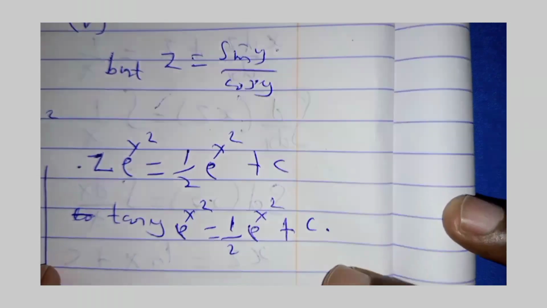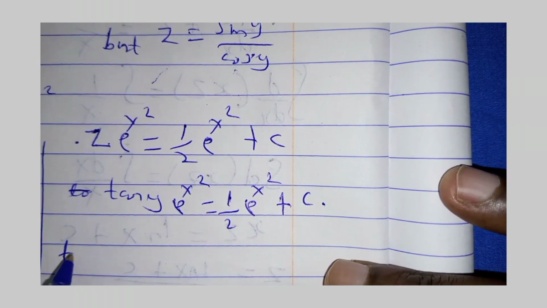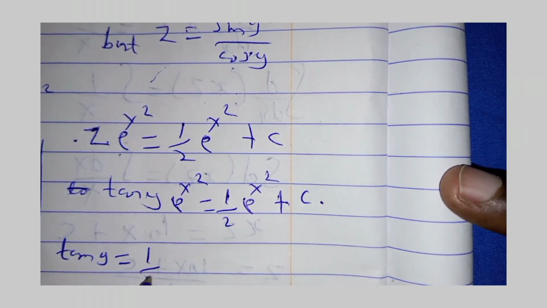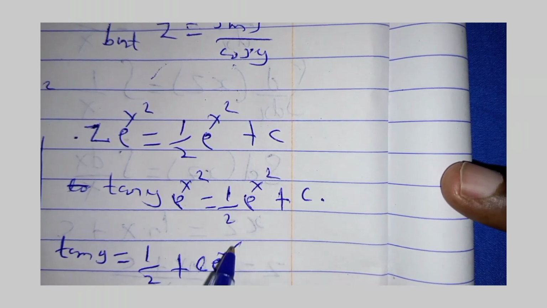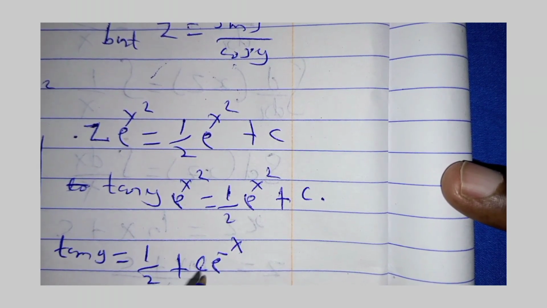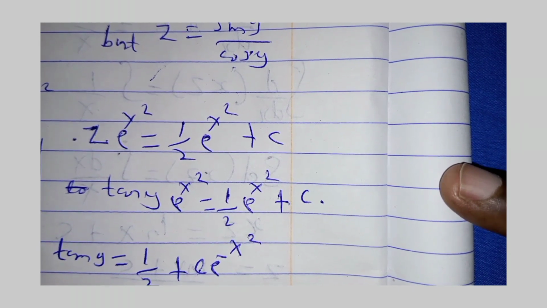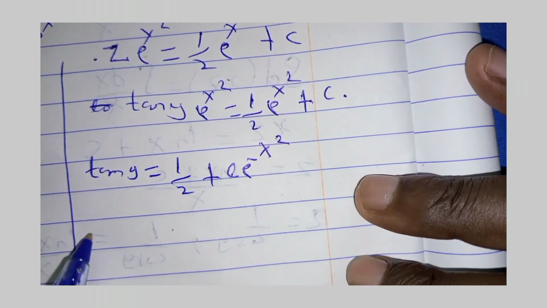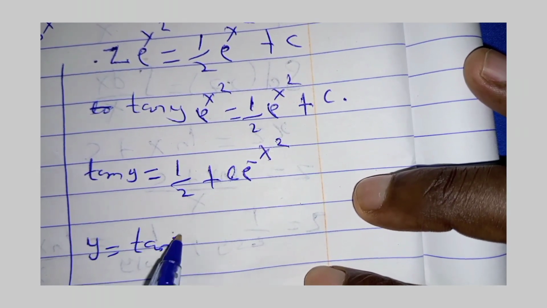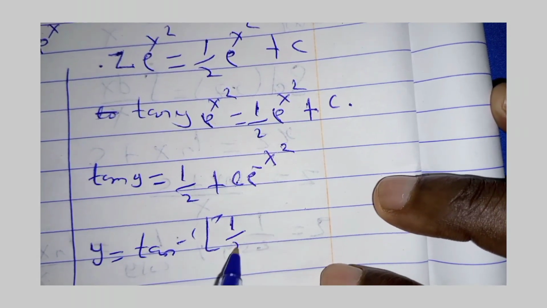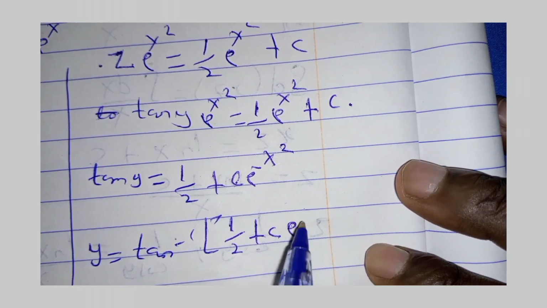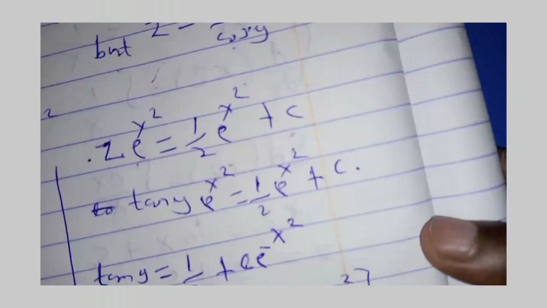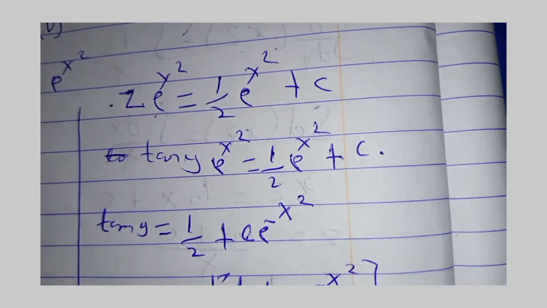You divide both sides by exponential x squared to be left with tan y is equal to half plus c exponential negative x squared. That way you can take tan inverse both sides to obtain the following. y is equal to tan inverse of half plus c exponential negative x squared. We close the bracket. So that is the solution of our given differential equation.